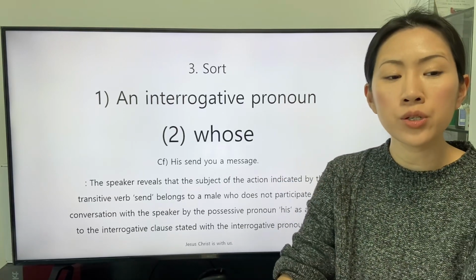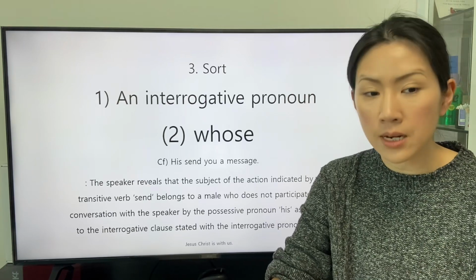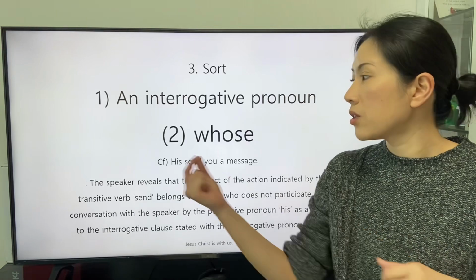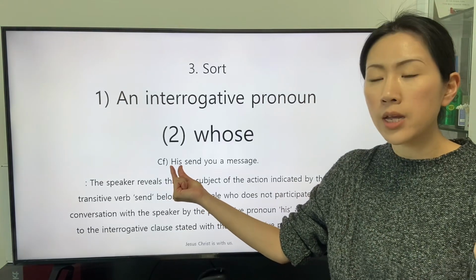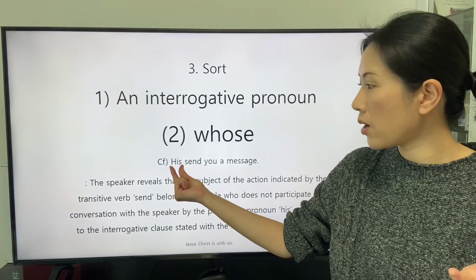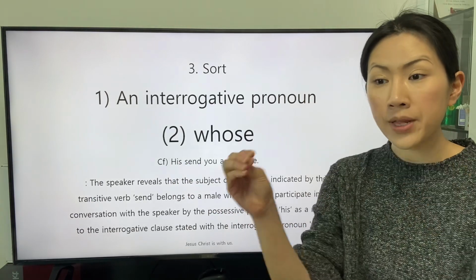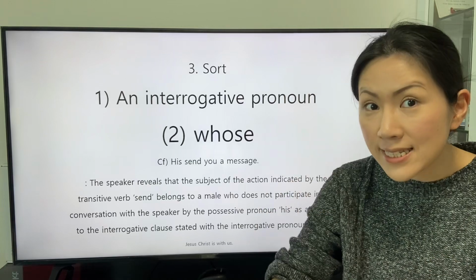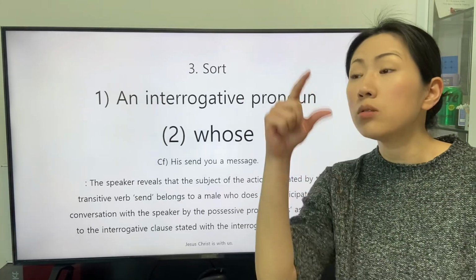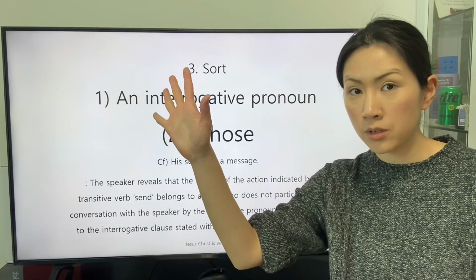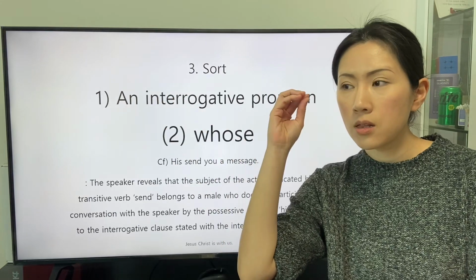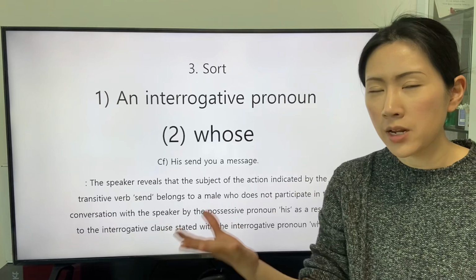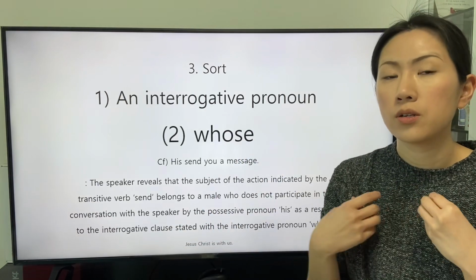As a response to the interrogative clause stated with the interrogative pronoun whose, the subject indicated by the possessive pronoun his reveals that the subject belongs to another subject, that is a male who does not participate in the conversation with the speaker and the listeners.